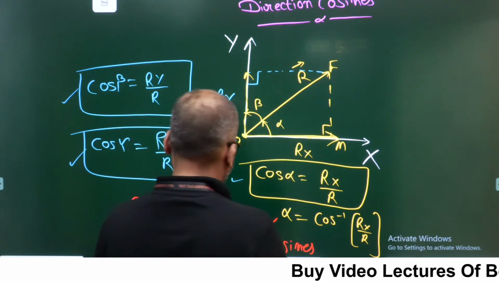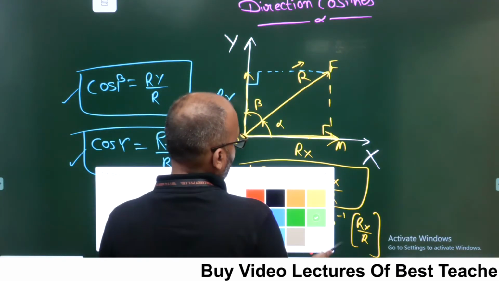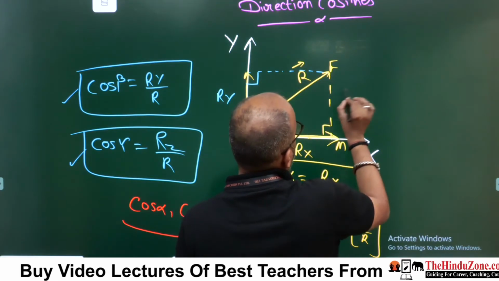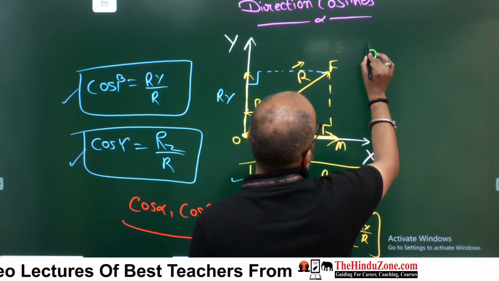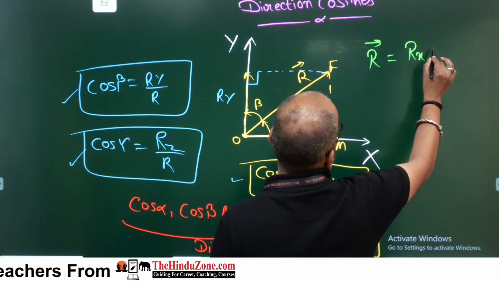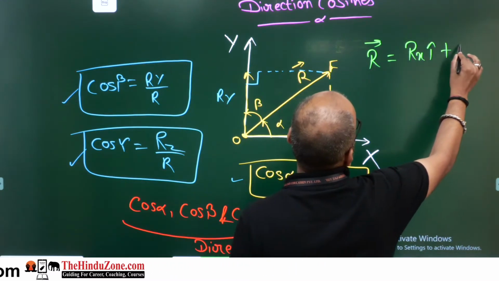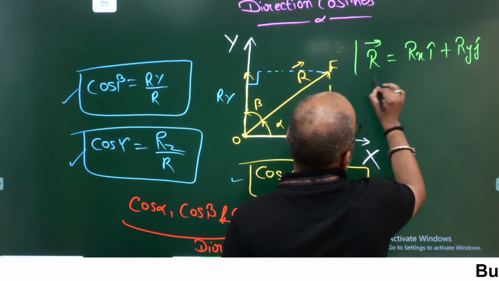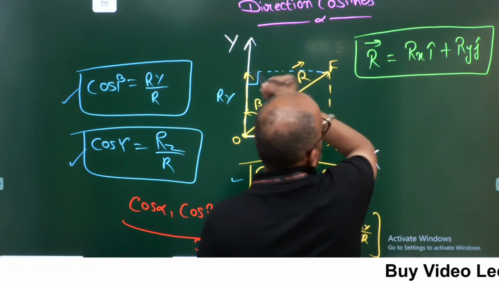Now please see. Can I write vector r along x and y axis as Rx i cap plus Ry j cap? Yes or no? Can vector be represented like this?